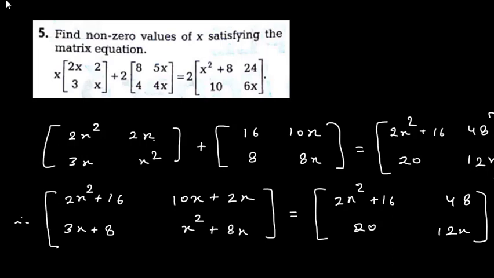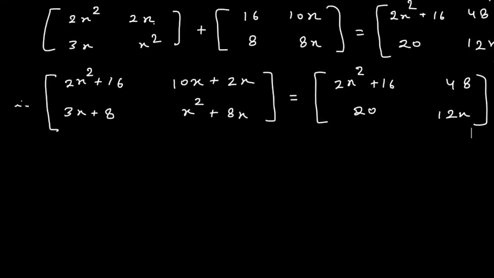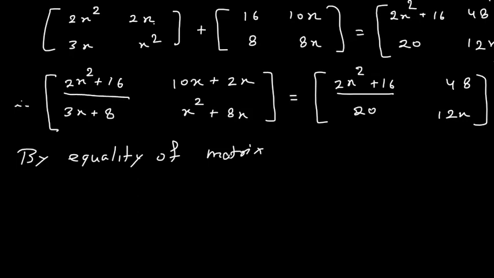Now this matrix and this matrix are equal. So by equality of matrices, their corresponding terms are going to be equal. So by equality of matrices, we have 2x square plus 16 and 2x square plus 16, they are equal. So I will equate the others. 10 plus 2, 12x is equal to 48.